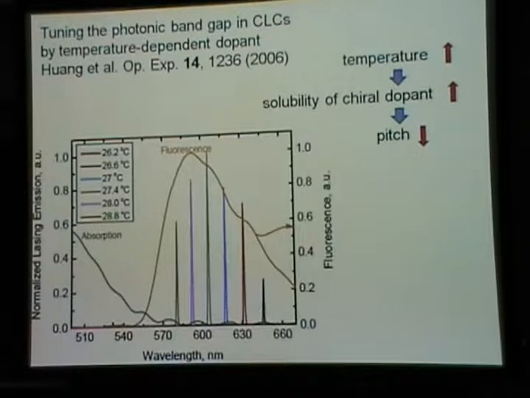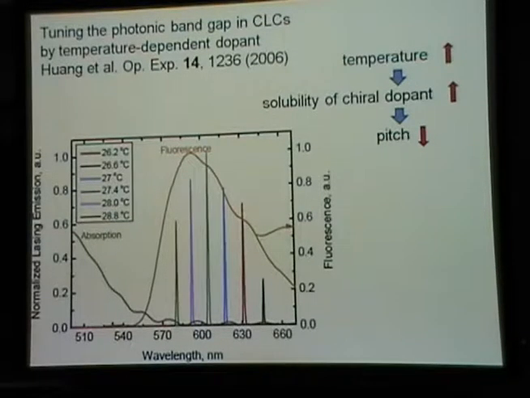The other interesting tuning way is also thermal tuning. However, in this case, we use a chiral dopant, whose solubility is temperature dependent. For instance, if we increase the temperature, the solubility of the chiral dopant increases, so the pitch decreases.